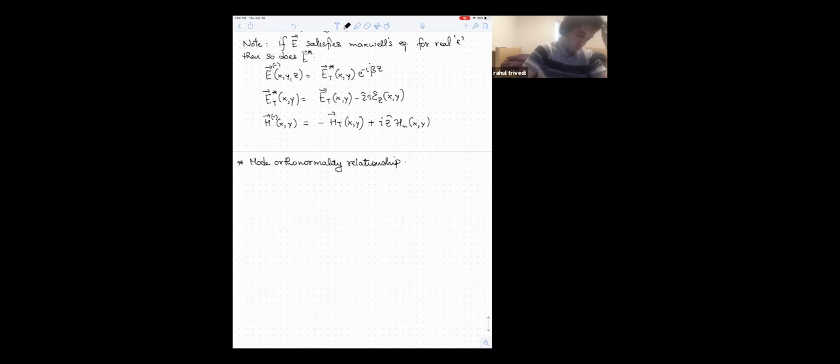And finally, we also had a mode orthonormality relationship. Right, and what this mode orthonormality relationship essentially said was that if you take the transverse electric field corresponding to two different modes.